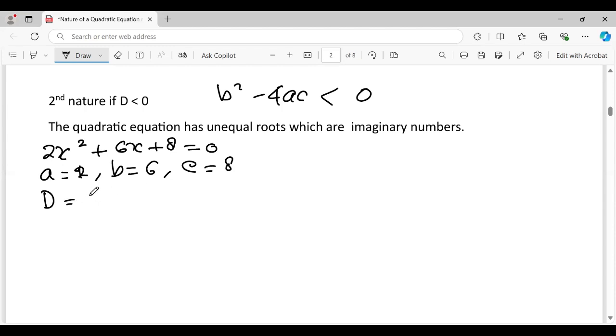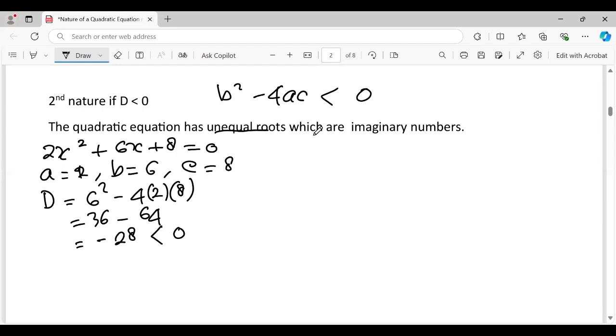Discriminant is 6 squared minus 4 multiply 2 multiply 8. 36 minus 64. It is minus 28, less than 0. So we can state that this quadratic equation has unequal roots which are imaginary numbers.